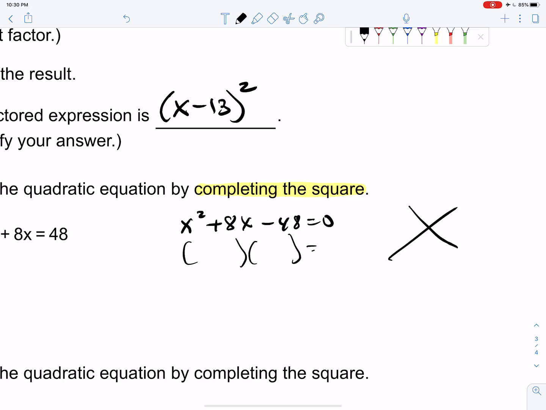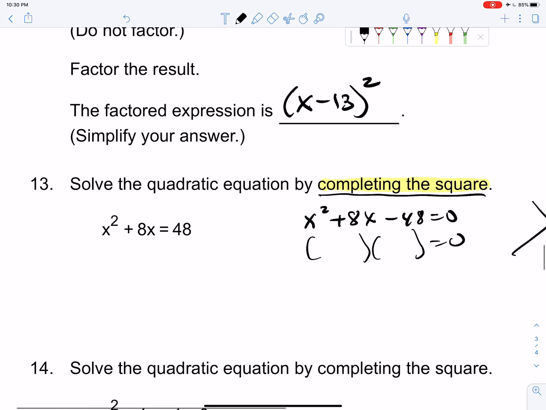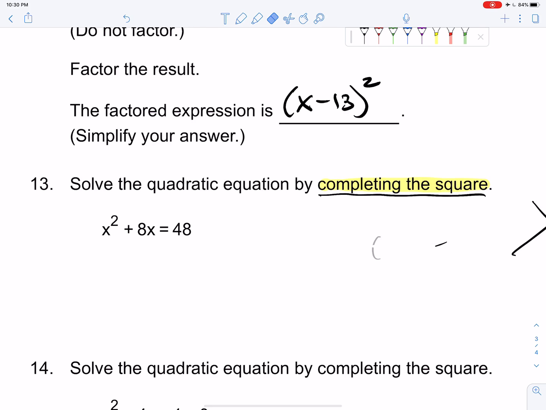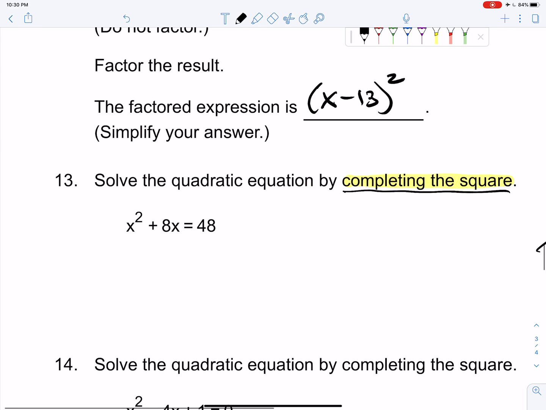Completing the square is a new way to solve quadratics, but it works with problems that are factorable like this one, or not factorable. So I just want to make that connection for you. If a problem was in fact factorable, the fastest way probably would be just to factor it. But they're asking us to complete the square, so we're going to do it this way.